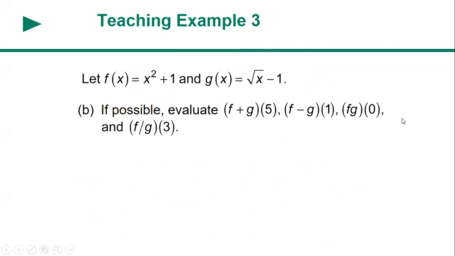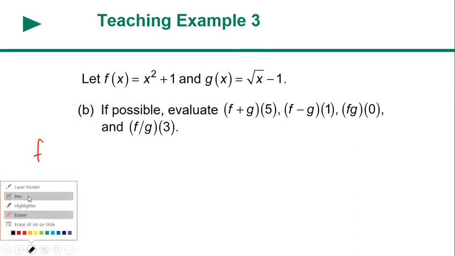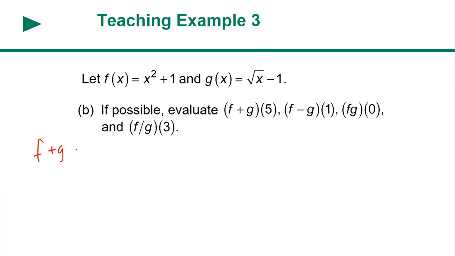So here, if I have f plus g at 5, well, what was f plus g? What did we get for f plus g? X squared plus the square root of x.